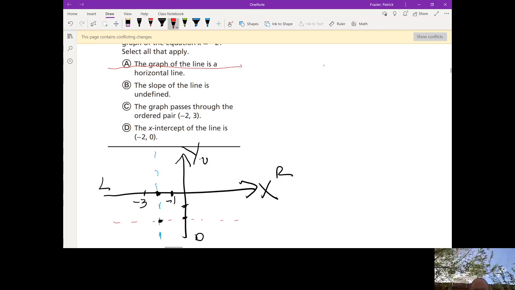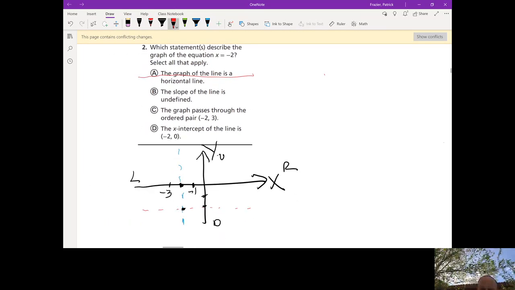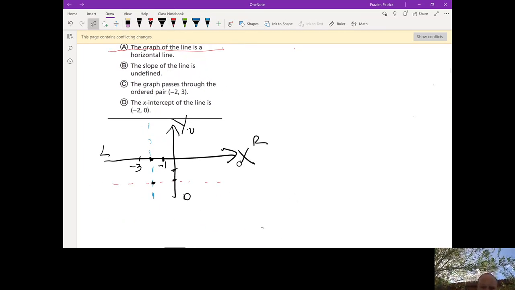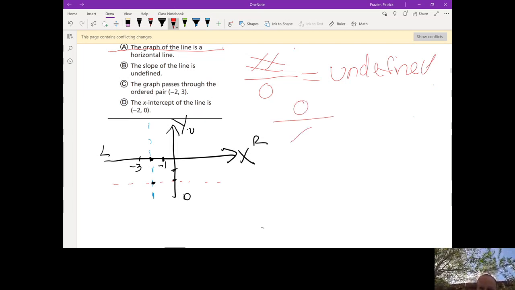Now B says the slope of the line is undefined. Undefined would be any point wherein the denominator is 0. If I have some number divided by 0, that's going to be undefined, whereas if I have 0 divided by some number, that's simply going to equal 0.